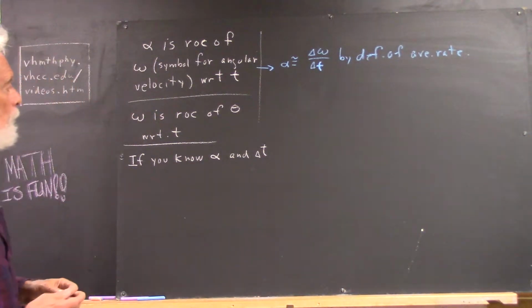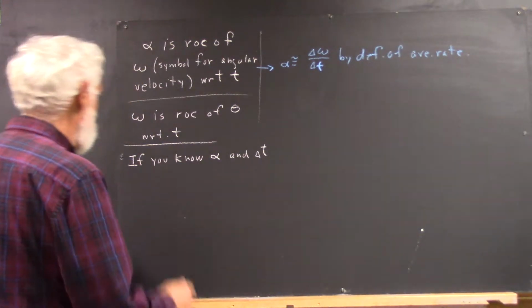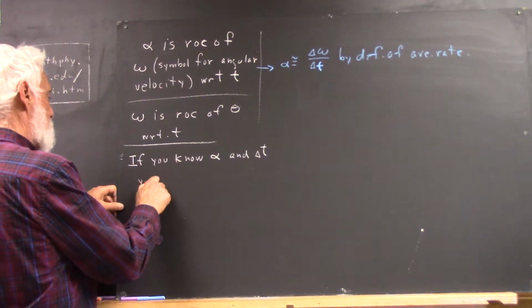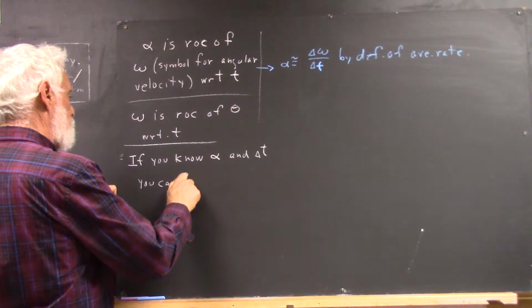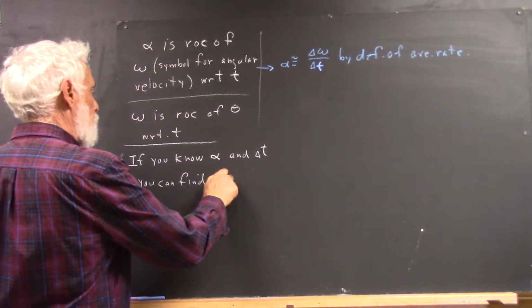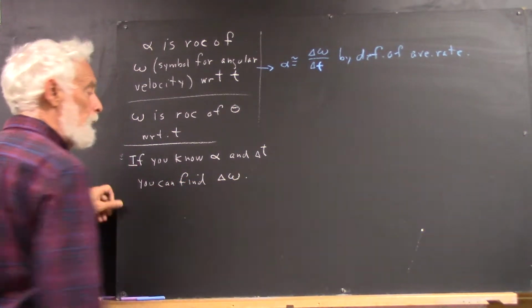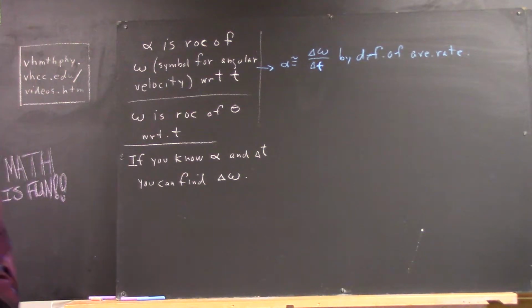Okay, so if you know alpha and delta t, you can find delta omega, right?